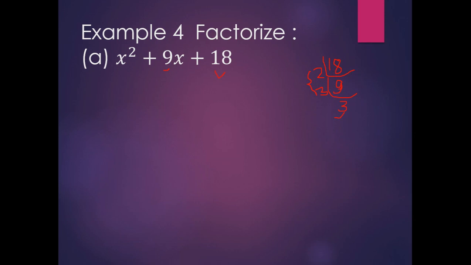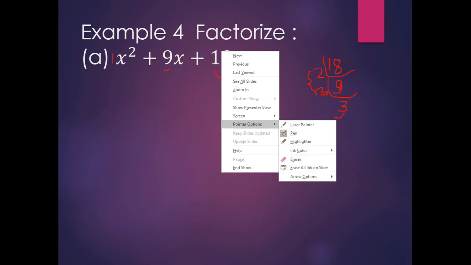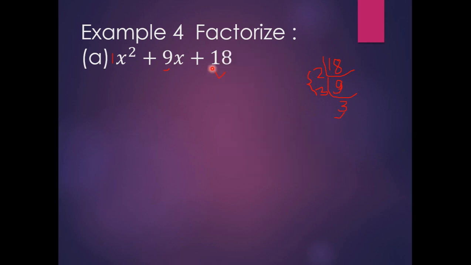While adding any two numbers we must get 9, and while multiplying the two numbers we should get the same as 18, which is the product of 1 and 18. So while adding we must get 9, while multiplying the same as the product of 1 and 18.